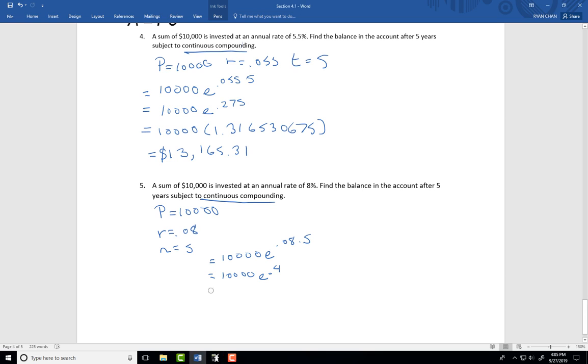So I have 10,000 times 1.49182468, and then $14,918.25.